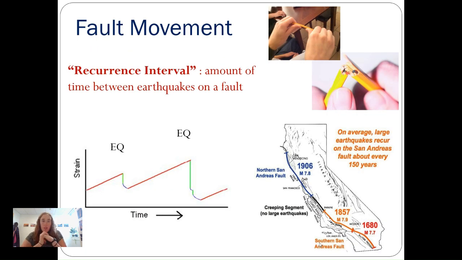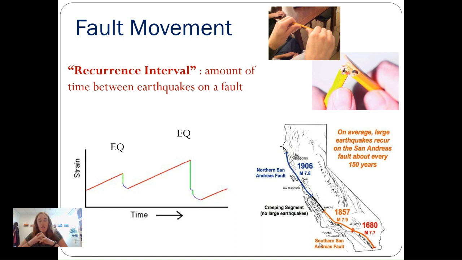All right, so to finish up, the last definitions that I want to go through are for fault movement. We can also use this term recurrence interval when we're talking about volcanoes and flooding, which will be the next couple of units. A recurrence interval tells you how often something happens in a given location.